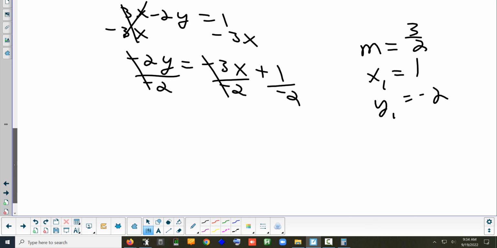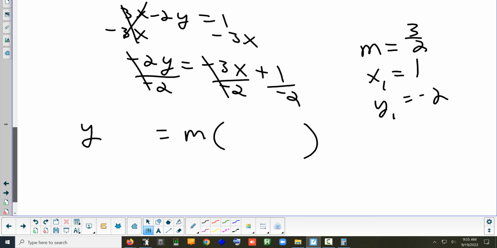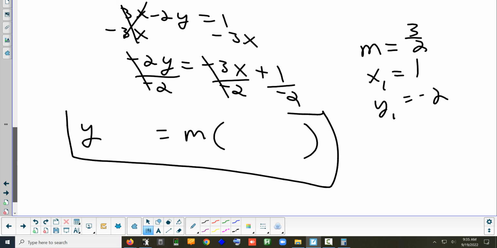I guess we'll just finish it off. Casey, can you tell me what I'm going to have in front when I write my final answer? Y plus 2, yes, because it's going to be y minus y1, but y1 is a negative.